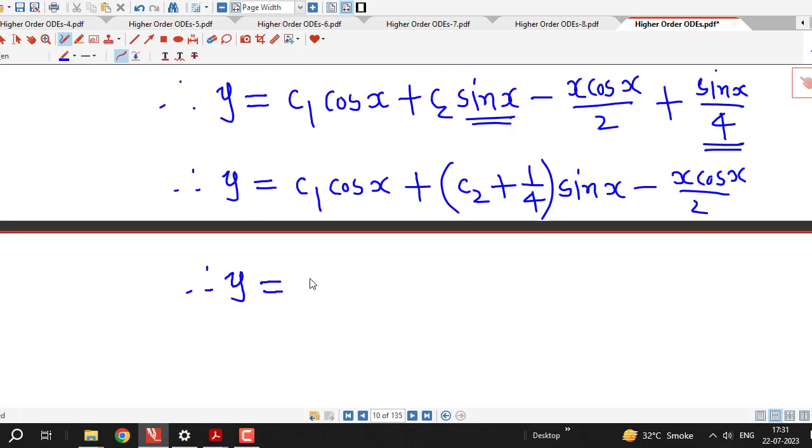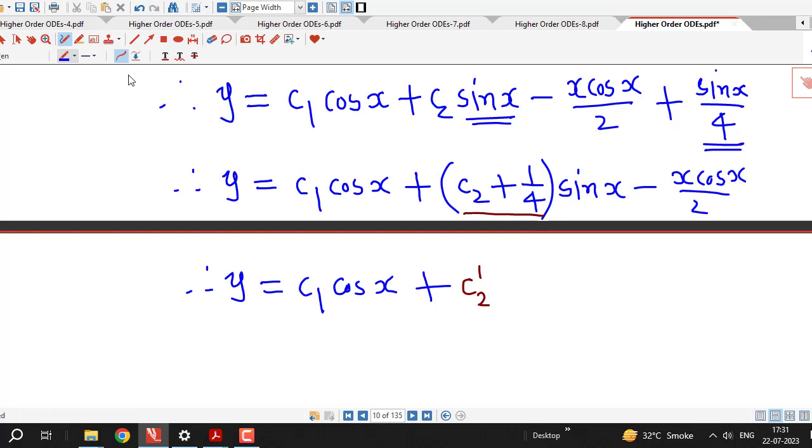Therefore y equals C1 into cos x. Now this C2 is an arbitrary constant, 1 by 4 is also constant. So we can see that this is going to be constant. So let's denote that constant by C2 dash.